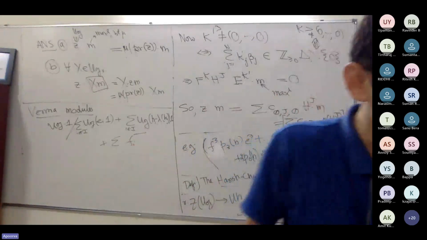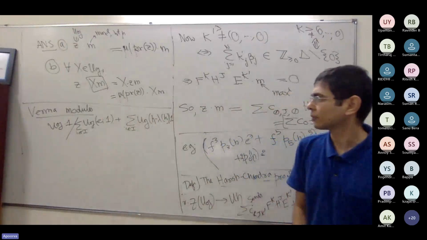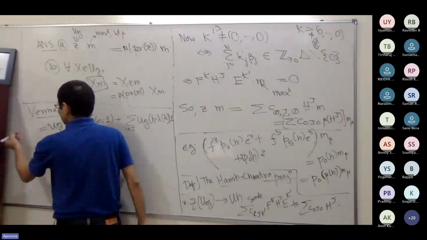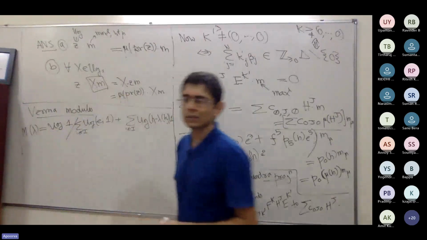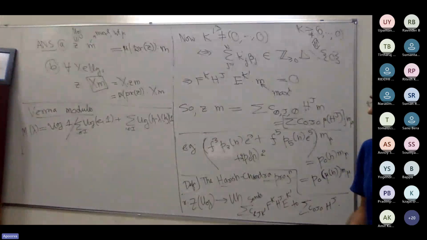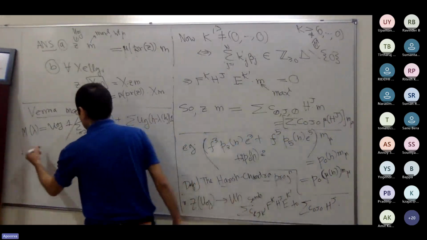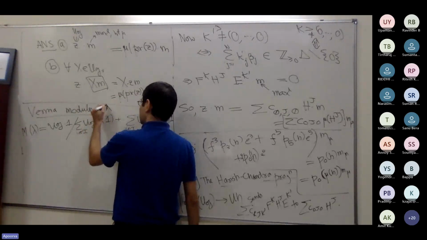So what if we don't have lambda dominant integral, and correspondingly don't quotient by that? This is called the Verma module. Humphreys calls it Z of lambda in one book, and then M of lambda in his next book. We will just use M of lambda. This is the Verma module of highest weight lambda, for any lambda.